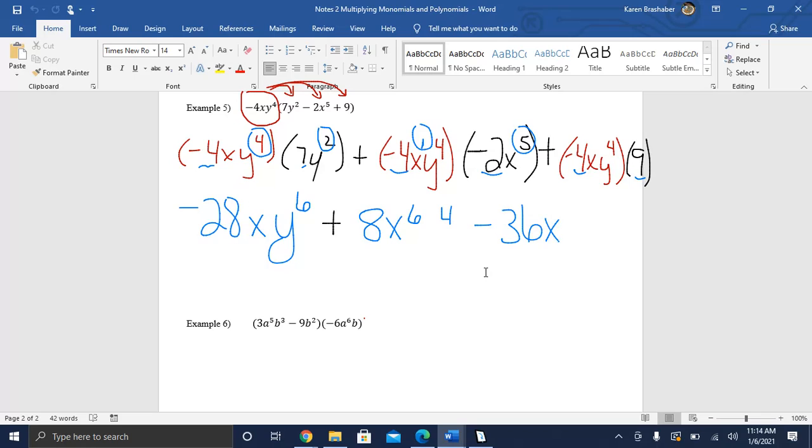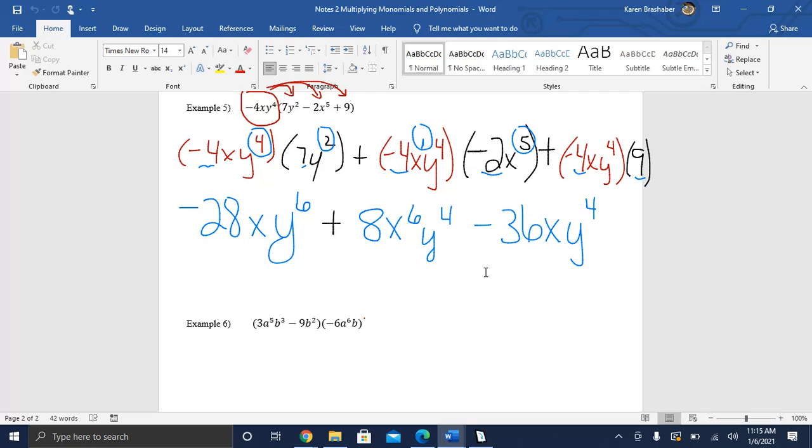I have an x and I have a y to the 4th with that term. I look at my terms and I have no terms where they have the exact same variables with the exact same exponents. So this would be my simplified final answer.